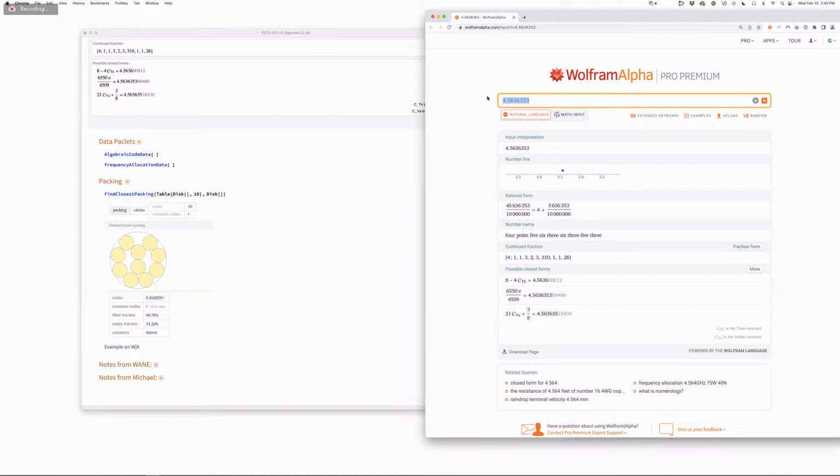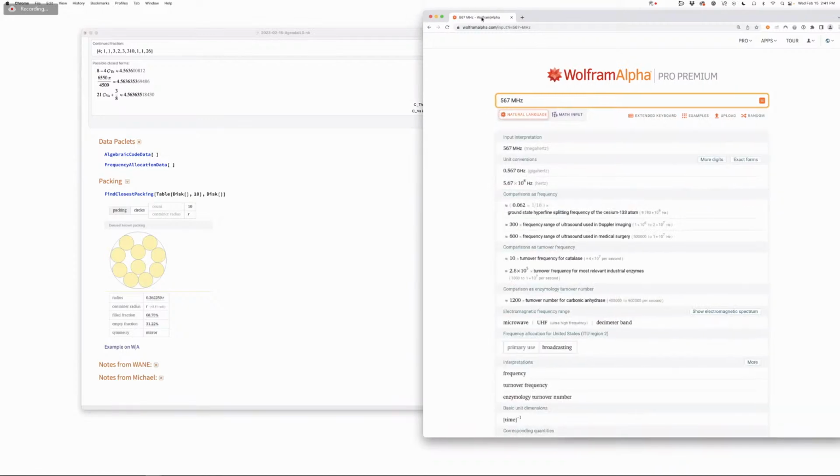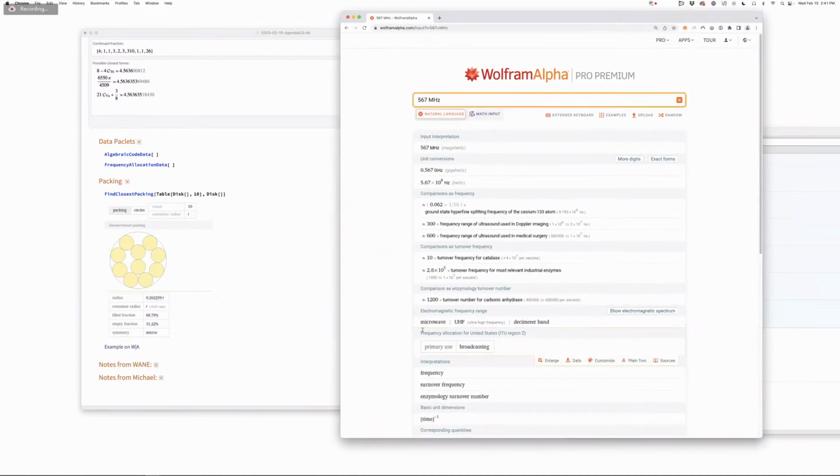If I say 567 megahertz, it's going to tell me, hopefully, that it is a UHF decimeter band. Its primary use in ITU region 2 is broadcasting. I wonder how I get the use in other ITU regions. That seems like a mistake here. We should have a pull-down there for that. Avery, if you can make that suggestion, that would be great. Yep, got it.